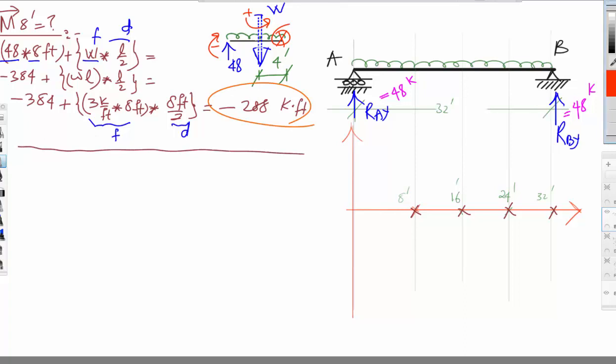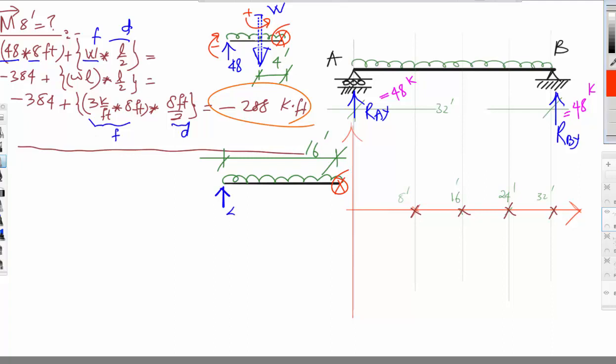So I move to the next point, which is a distance of 16. Let's do the sketch. The sketch is the same, but just to help you understand. Again, this distance is 16 feet, and we're taking this point here.